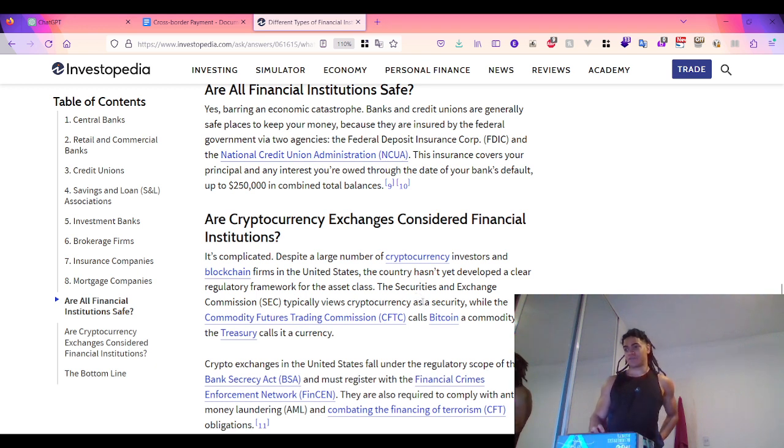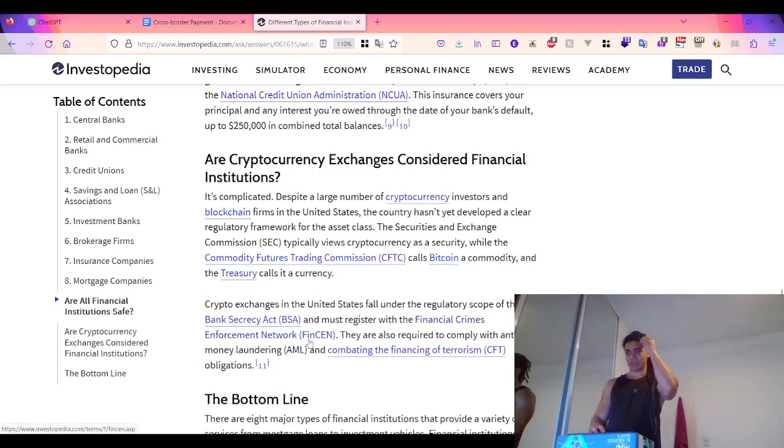So the SEC sees cryptocurrency as securities, whereas the Commodity Futures Trading Commission calls Bitcoin a commodity, and the Treasury calls it a currency.